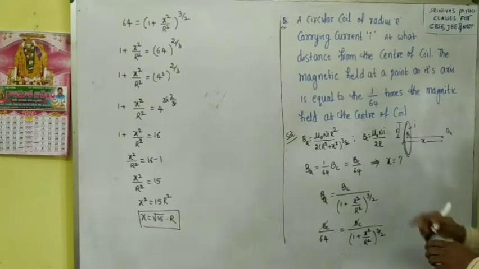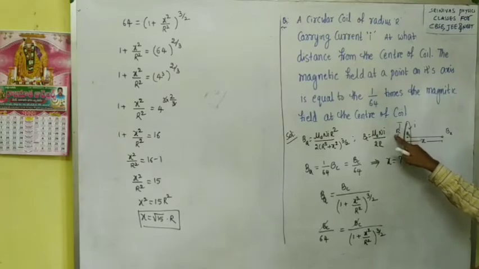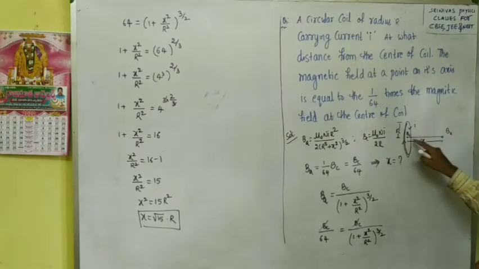What they are asking in the question: this is a coil, it is carrying current I and its radius is R. On the axis at a certain distance, the magnetic field is BA, and at the center the field is BC.